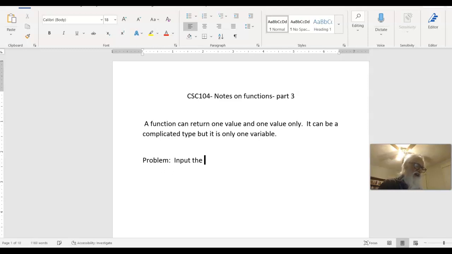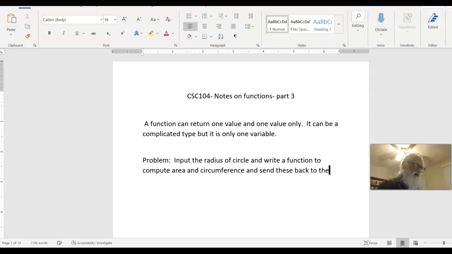Input the radius of a circle and compute the area and circumference, and write a function to compute area and circumference and send these back to the caller.